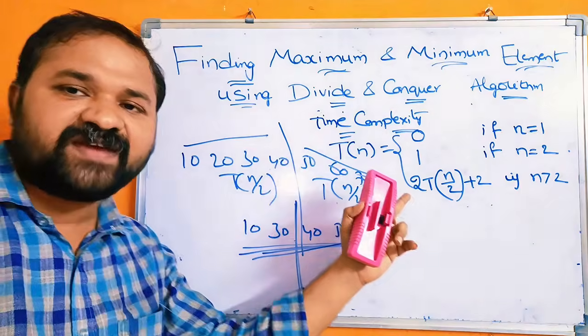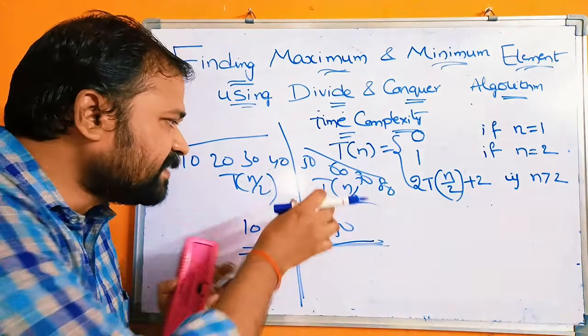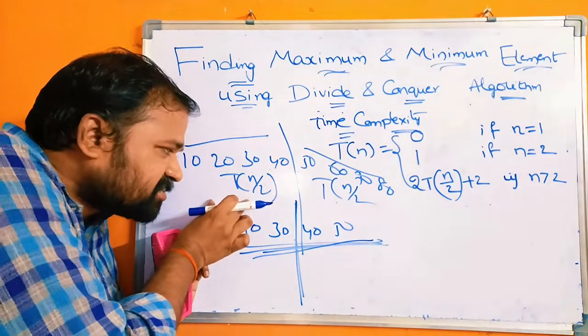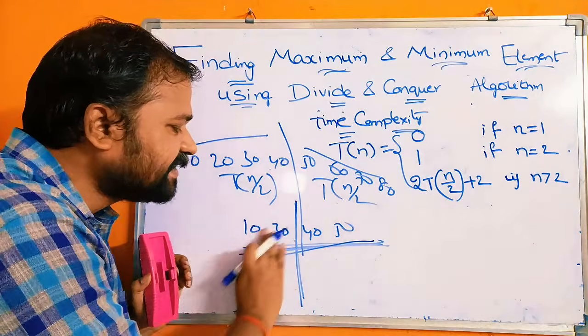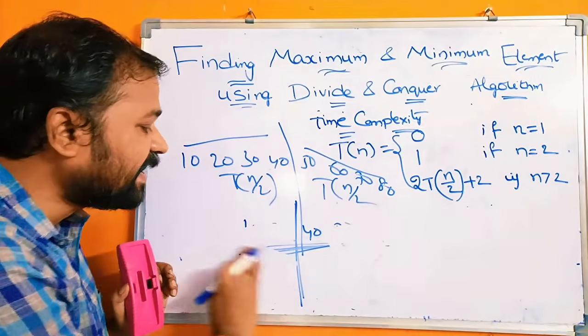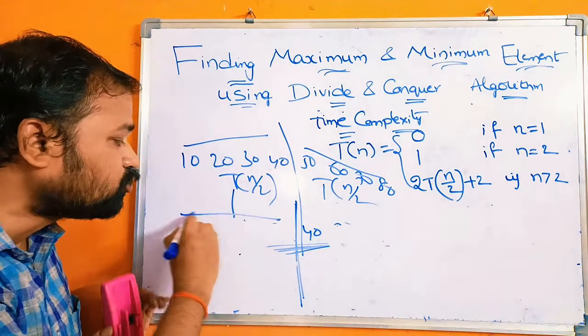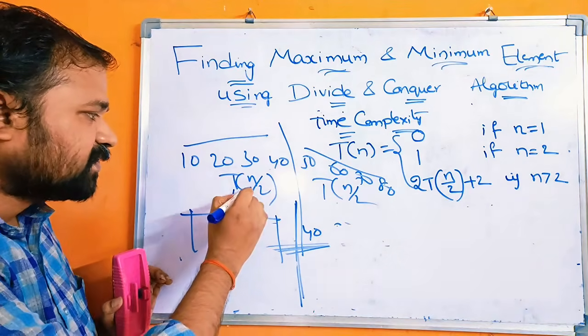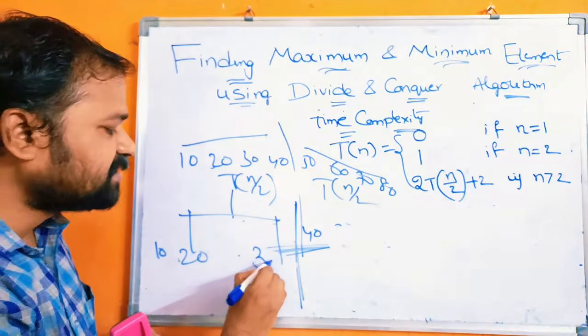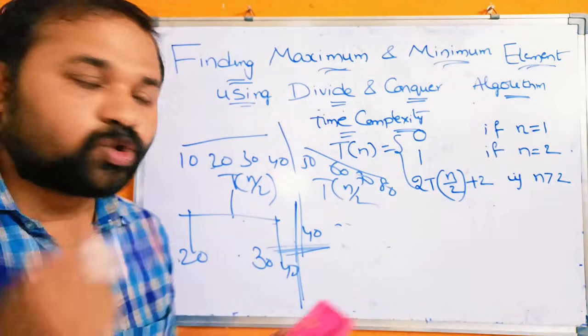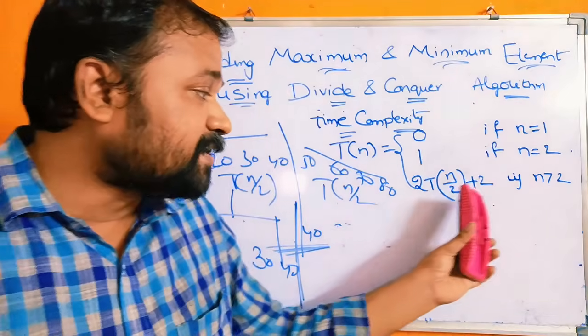So initially we have 8 elements. Now list 1 contains 8 by 2, 4 elements, whereas list 2 contains 8 by 2, 4 elements. Again we have to divide this list into two parts. Here we have 4 elements, so list 1 contains 10, 20 and list 2 contains 30, 40. So why have we written 2T of n by 2?